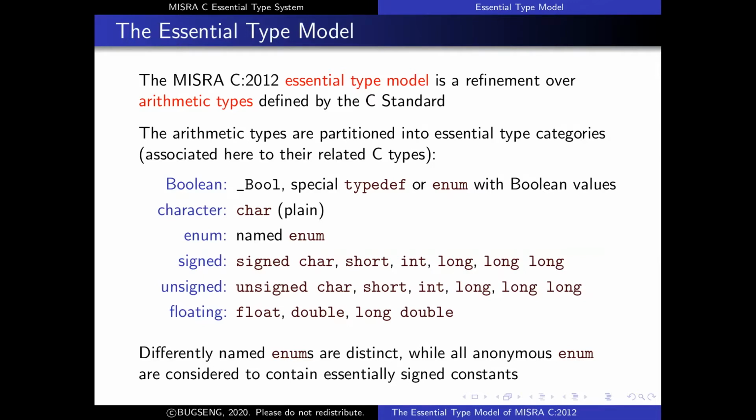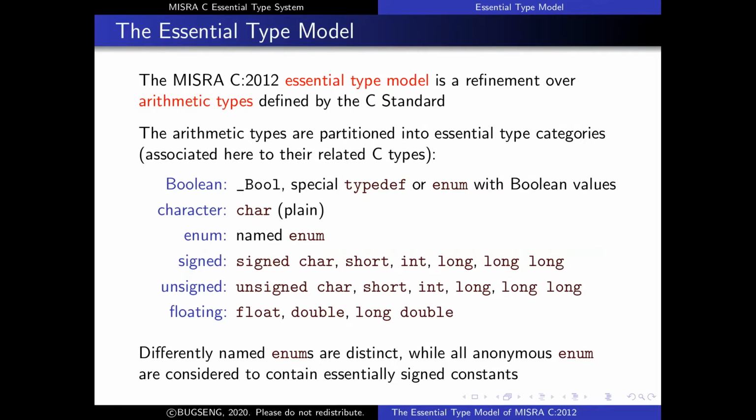Then there is the character essential type category, which comprises only plain char, so the type char without any specification of signedness. Then named enums have essential type category enum. Then the essential type category signed is used for signed char, short, int, long, and long long.